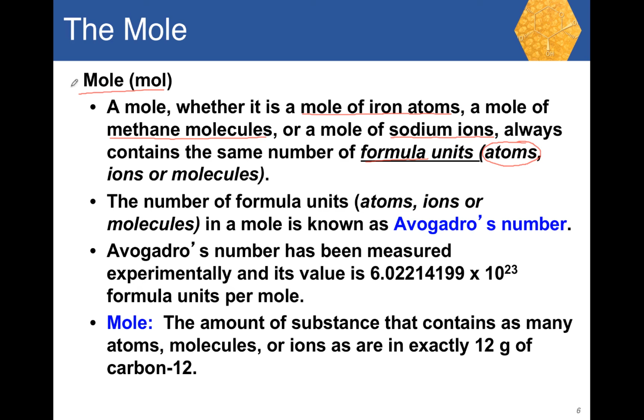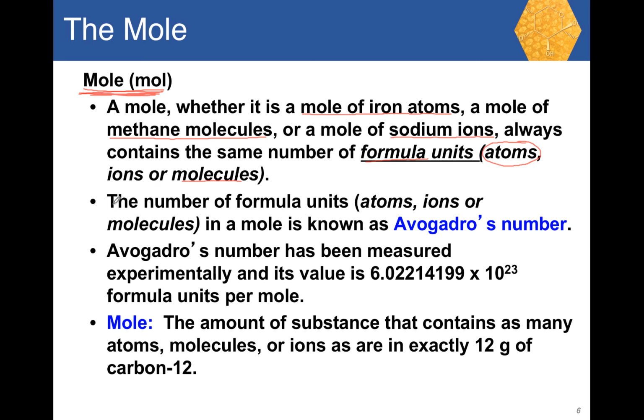So the unit that we're concerned with here is a new unit called the mole, and what it means is that 1 mole of anything will have the same number of units, call it atoms or ions or molecules, as 1 mole of another substance.